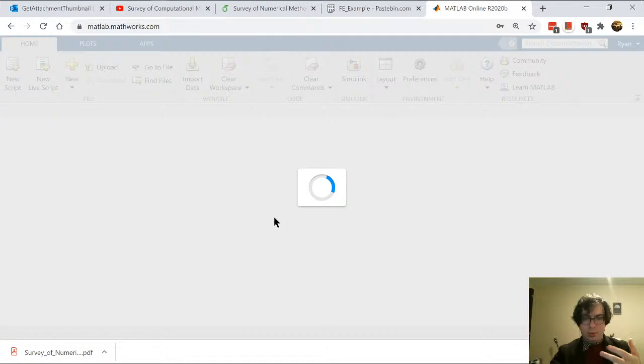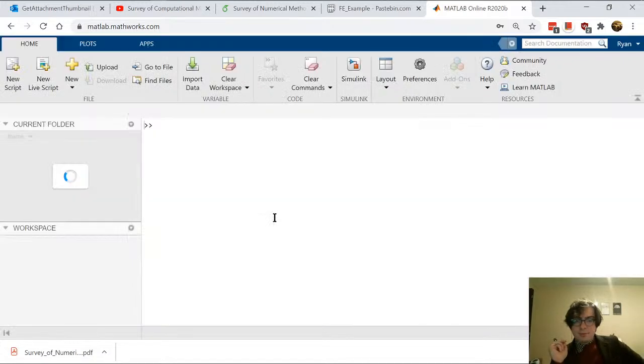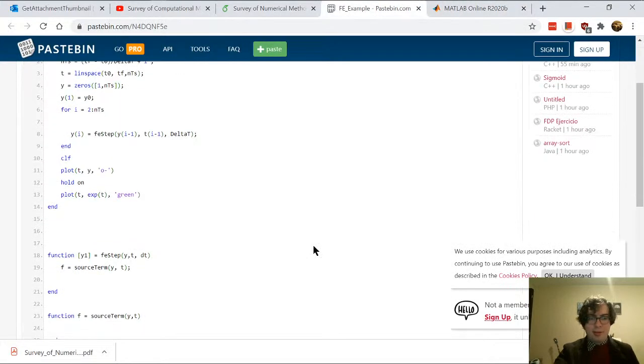And so when this loads, I can point to these things. Should have just done it on MATLAB on my machine. I want to hit refresh to make it easier, but that would probably make it worse.